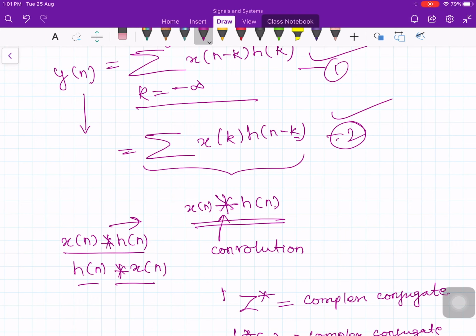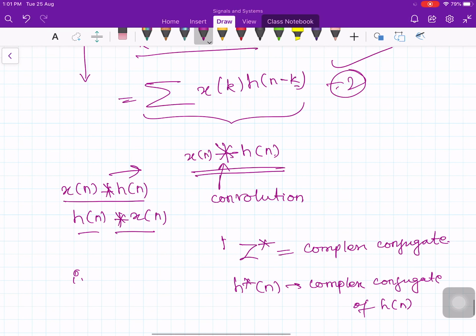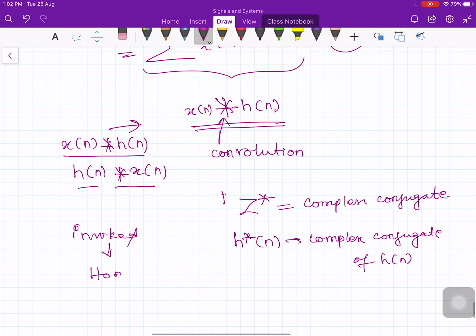So there are some special cases that we will encounter in practice. In general, mind you, this convolution applies only to LTI systems, linear time invariant systems, because in finding the summation we have invoked the principle of homogeneity, time invariance, and superposition.